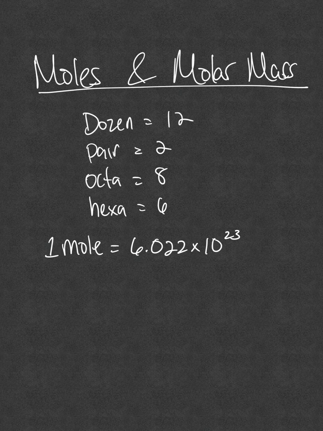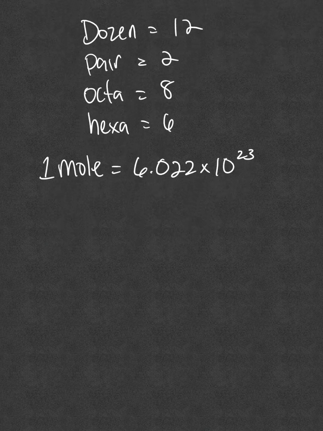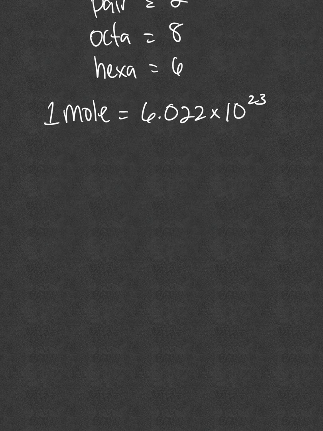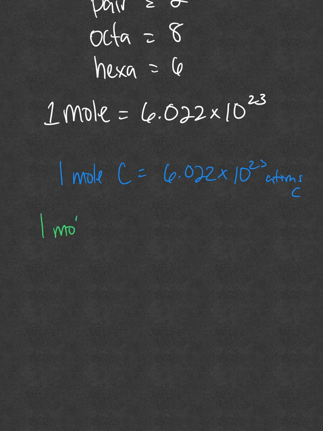So in chemistry, this works out really well. For example, if we say I have 1 mole of carbon, that simply means we have 6.022 times 10 to the 23rd atoms of carbon. If I say I have 1 mole of water, H2O, then we have 6.022 times 10 to the 23rd molecules of H2O.